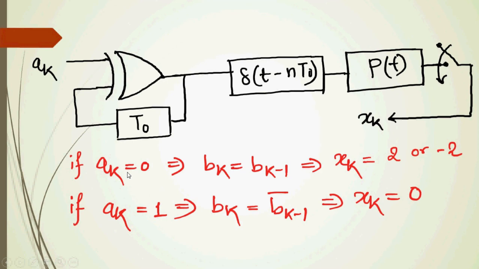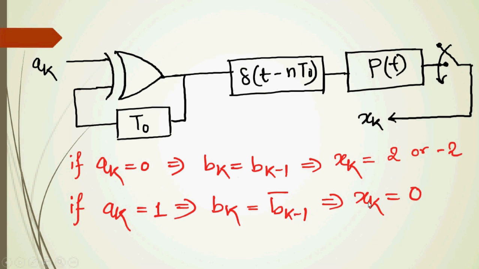So in case AK is 0, your output will be 2 or -2, because BK and BK minus 1 are the same. If they both are 1, then the output is 2, and if both are 0, the output will be -2. Now if AK is 1, then BK equals the complement of BK minus 1, so they are complementary to each other.